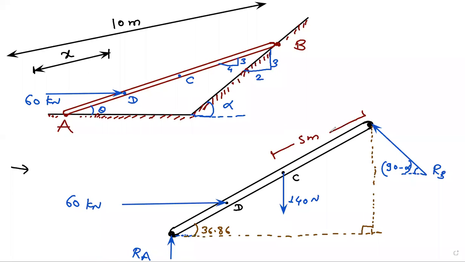CG, 5 meter, half of the 10 meter. And then this is your 5 minus x. This is your x.